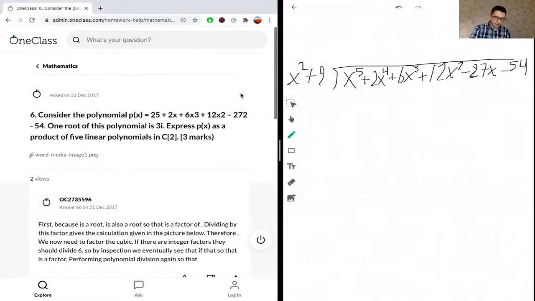Okay, so we have x to the power 5 plus 2x to the power 4 plus 6x to the power 3 plus 12x to the power of 2 minus 27x minus 54.